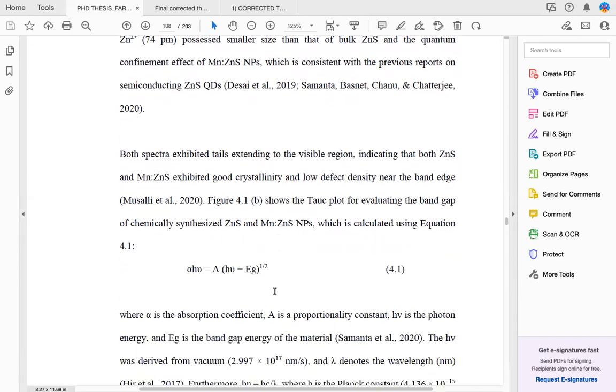another highlight here is how you put equations. If you have any equation in the discussion chapter, you have to make it proper like this, with proper numbering, and the equation must be using the math equation editor, at minimum, in Word.